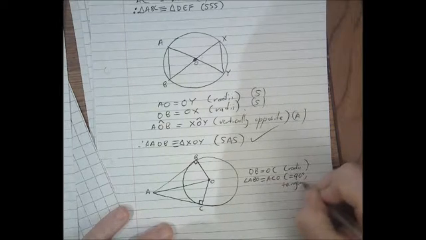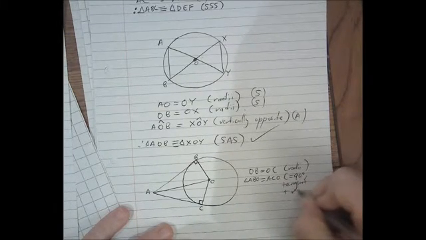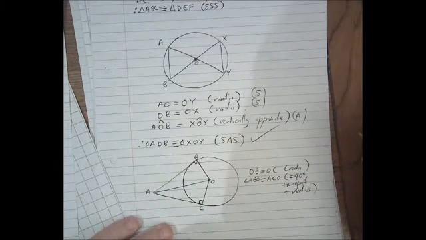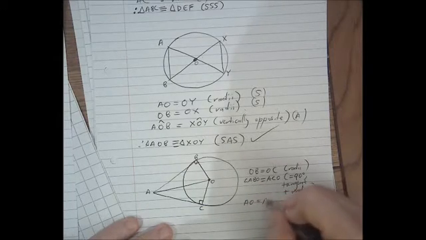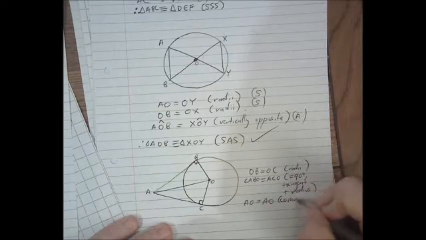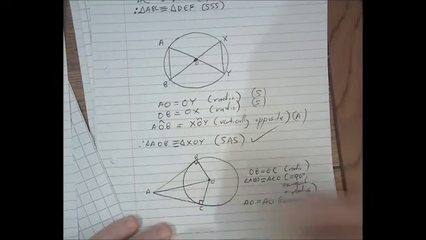And the reason is tangent and a radius. And finally, AO equals AO because it's the same join in 2 different triangles. The abbreviation for that principle is just common. In other words, that stretch is common to both triangles.